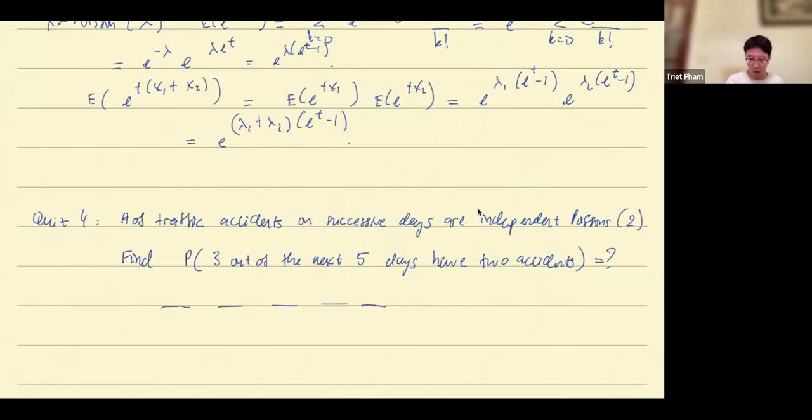Each day the number of accidents is Poisson, the same distribution, and they're independent. And then we ask, 3 out of 5 have 2 accidents. So the first thing to do is to look at the probability of 2 accidents on any day.